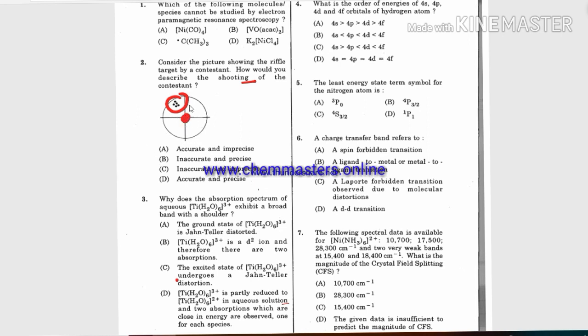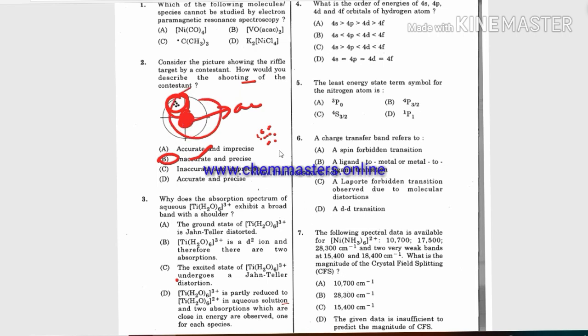So we can say that it is inaccurate but precise. Whenever the target is hit at the center, we call it accurate. But it is not accurate, though it is precise because all the bullets are near each other. So option B, inaccurate and precise, is the correct option for the given problem.